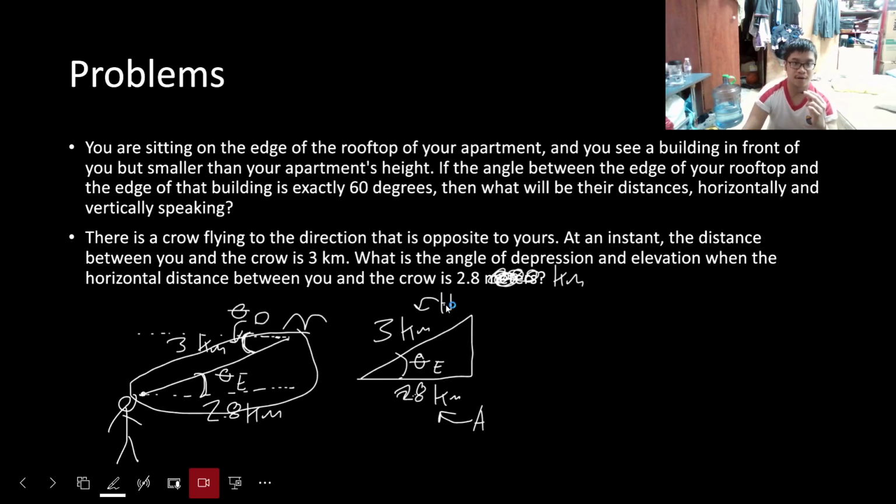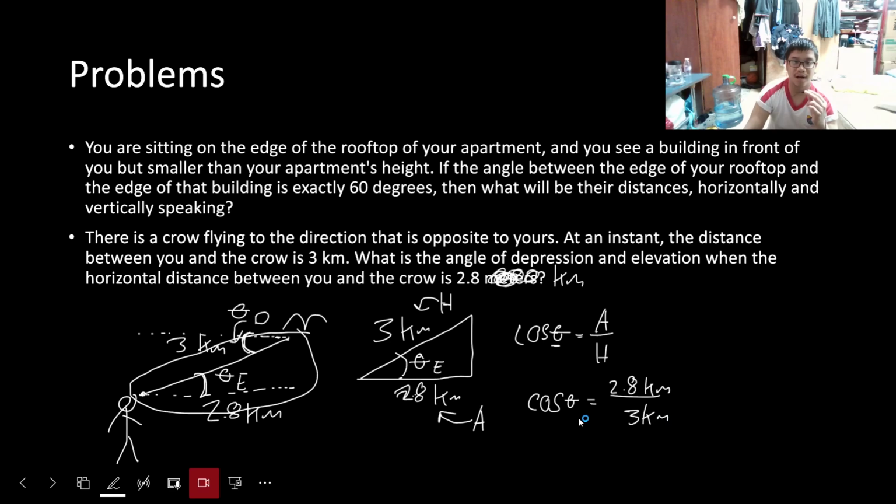So we have an angle, hypotenuse, and adjacent, so we will use cosine theta equals adjacent over hypotenuse. Before we find the angle, let's substitute. So cosine theta is equal to adjacent, 2.8 kilometers, all over hypotenuse, 3 kilometers.